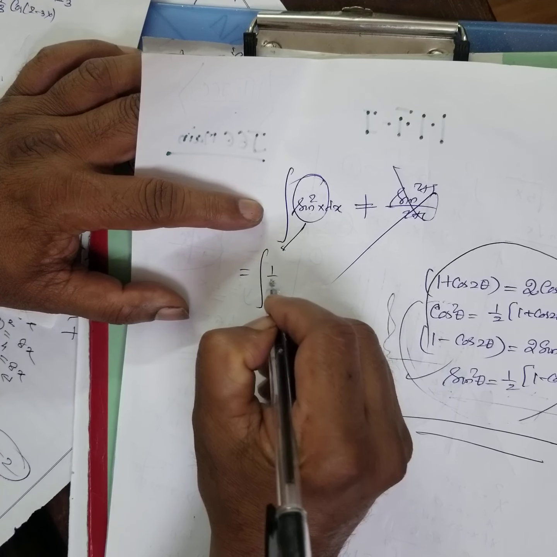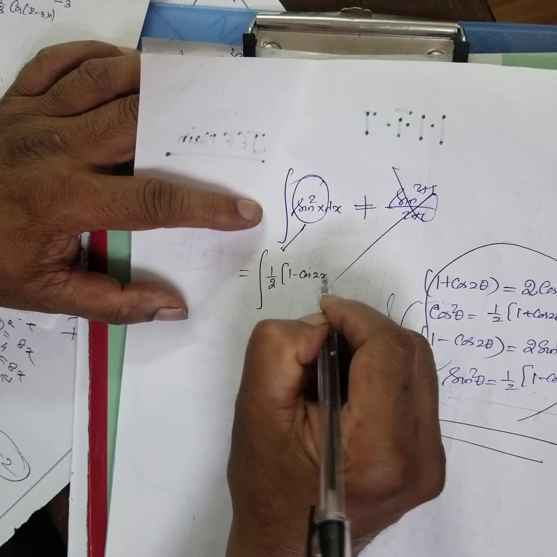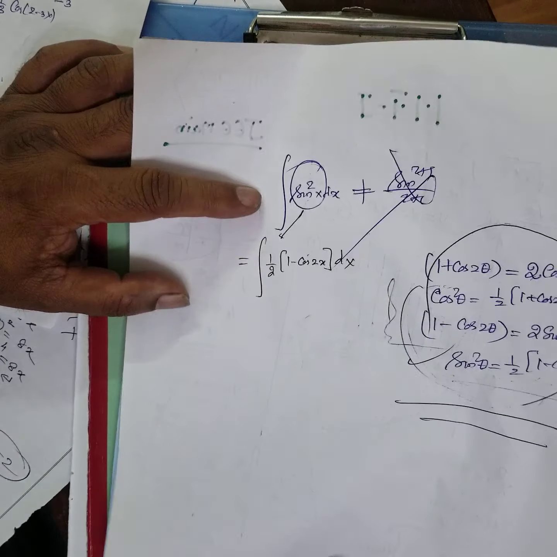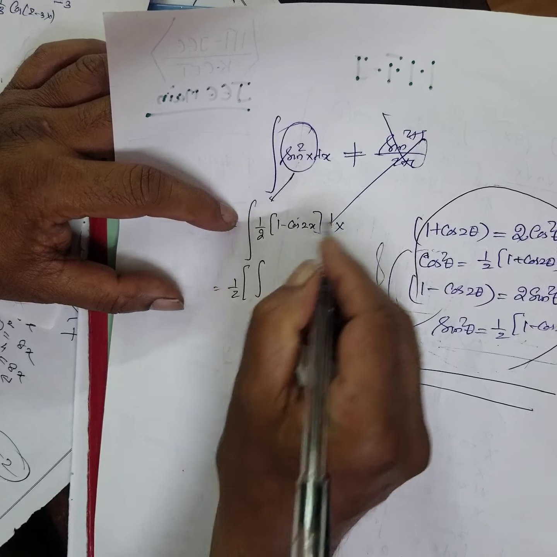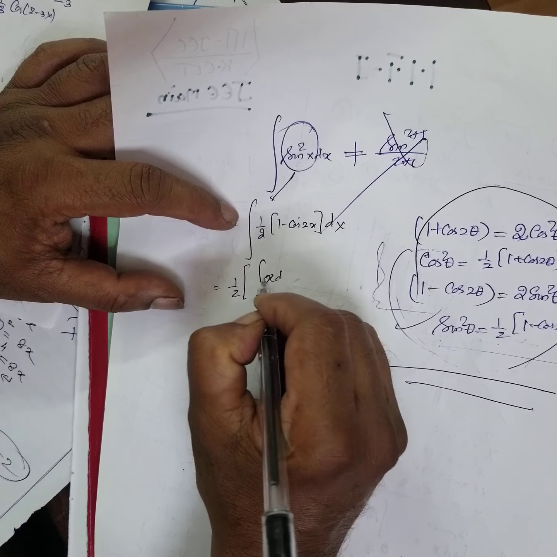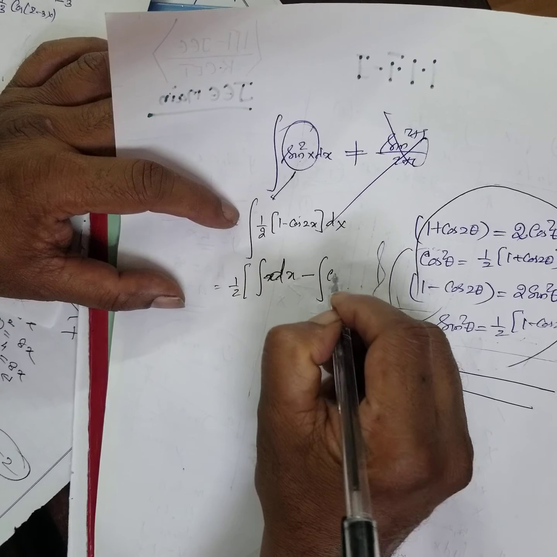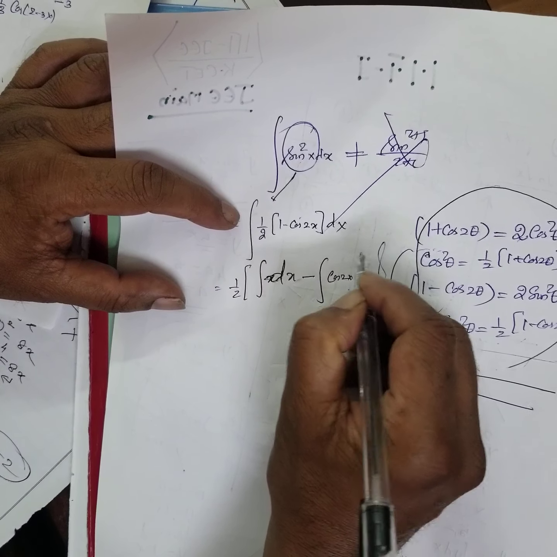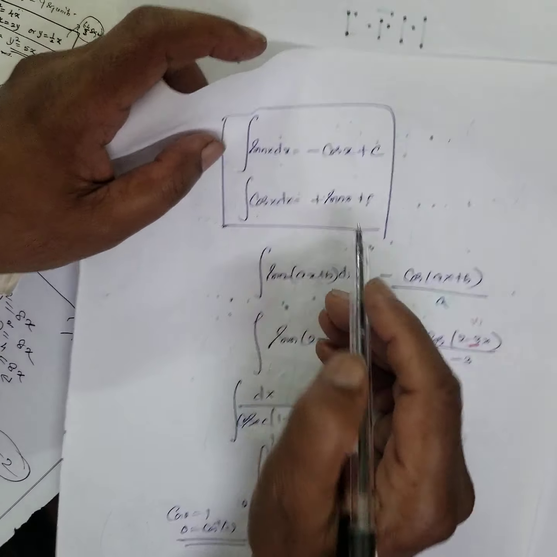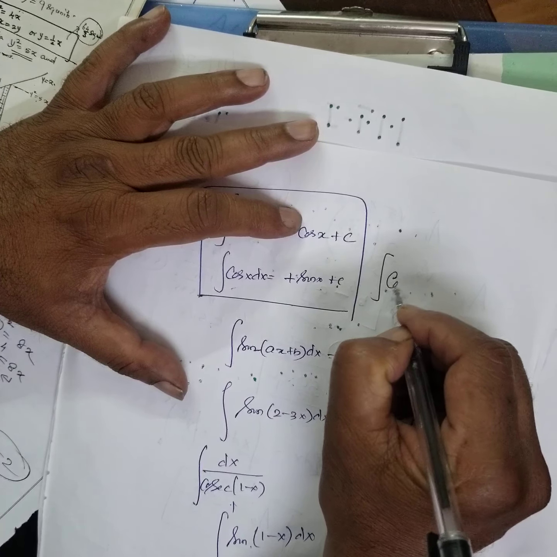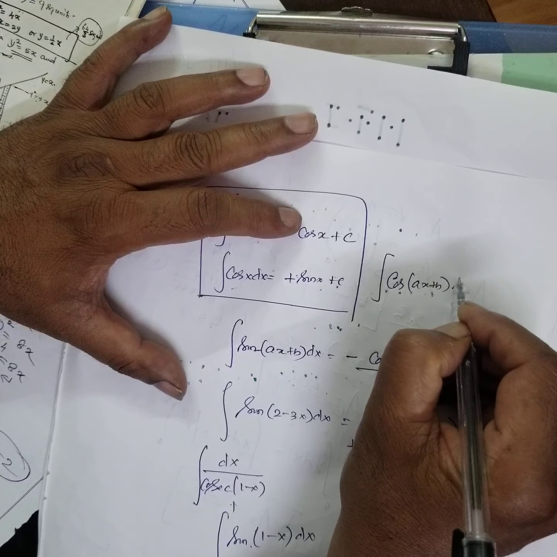sin square x is what? Half of 1 minus cos 2x, dx. That is what? Half of integration of dx minus integration of cos 2x dx. See, now coming back to this, what is integration of cos(ax plus b) dx?